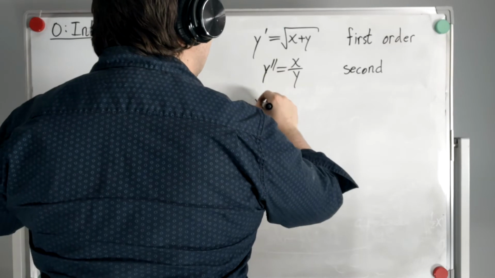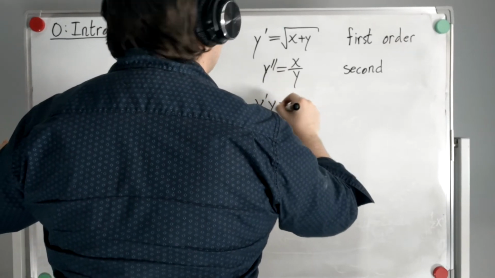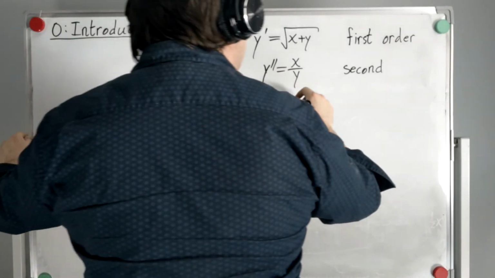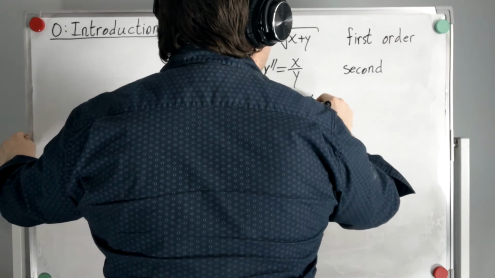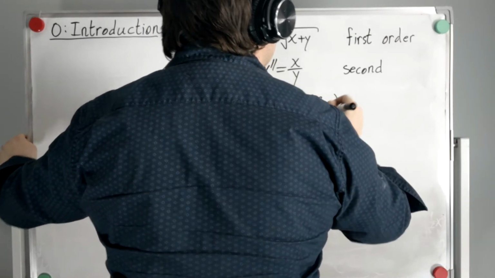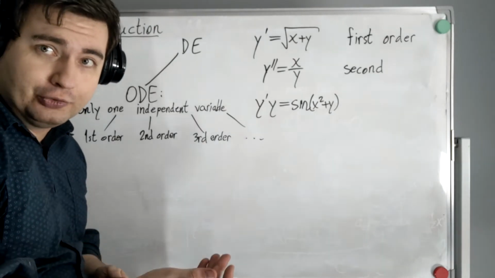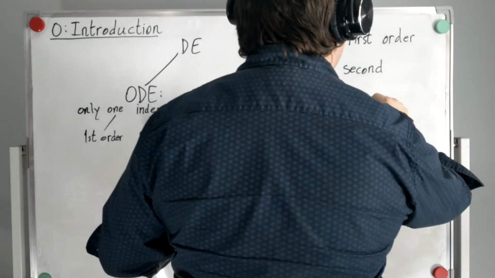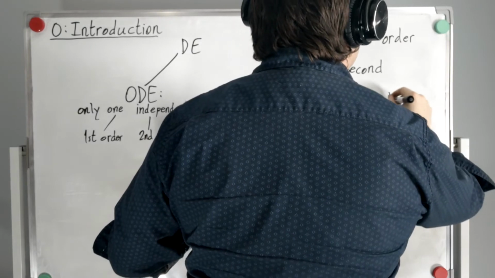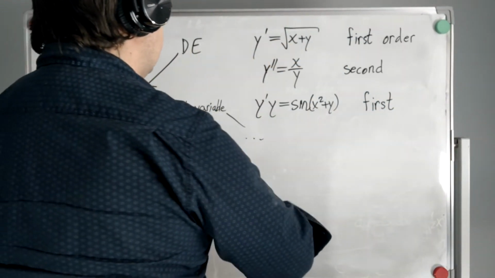You could have y prime times y equals the sine of x squared plus y. Again, the highest derivative being taken is a first derivative, so this is a first order equation, first order ODE.